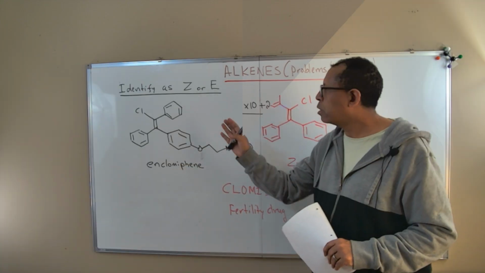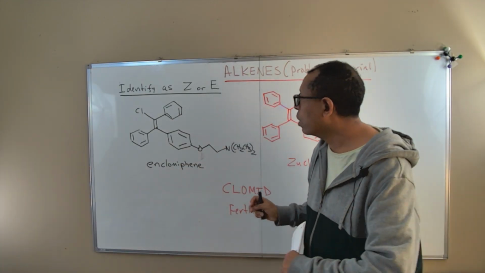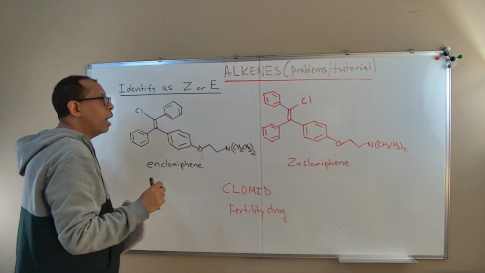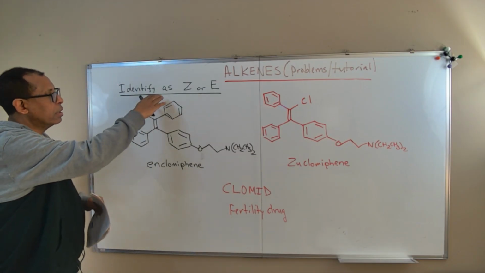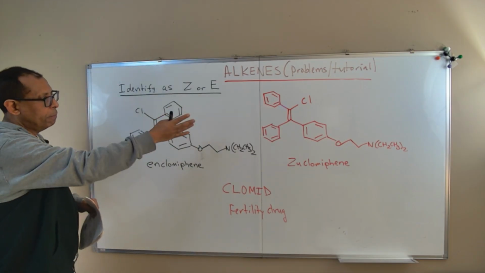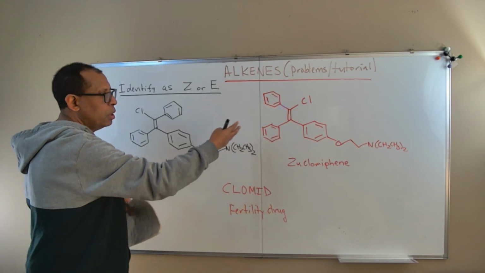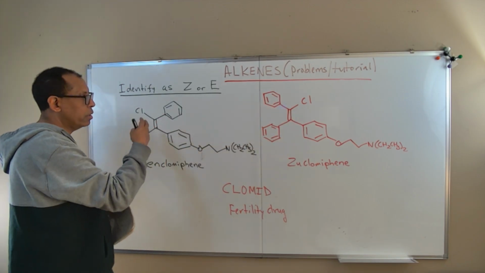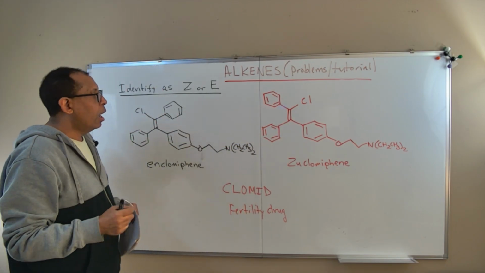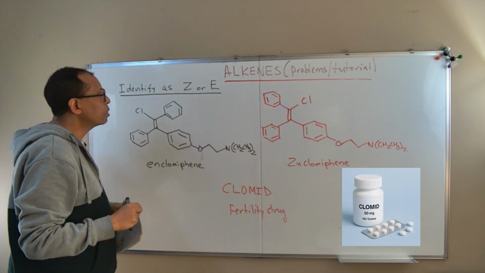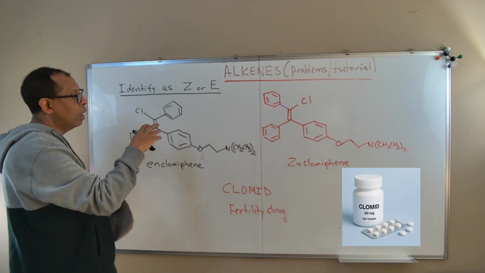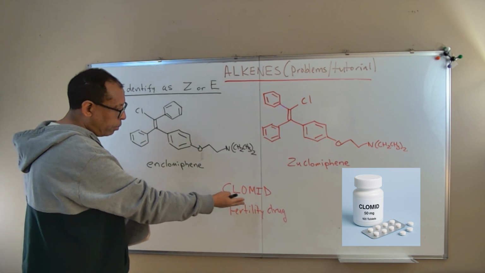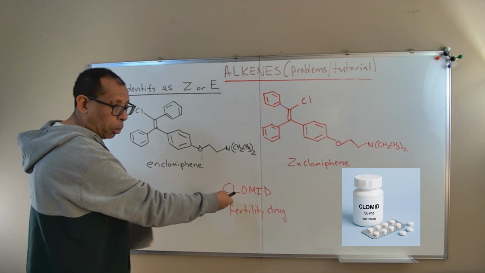Okay, the next question you see on the board is how to identify Z or E between these two molecules. So the question is, which one is E, which one is Z? These are two stereoisomers. They are marketed, for example, as a fertility drug, Clomid.